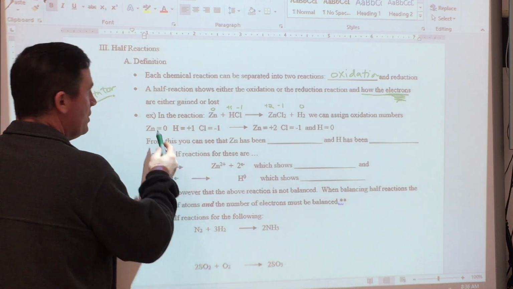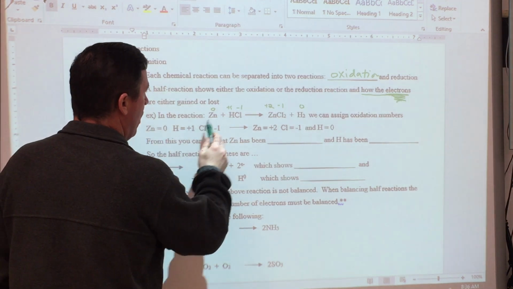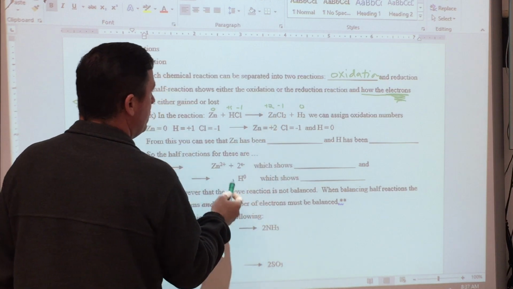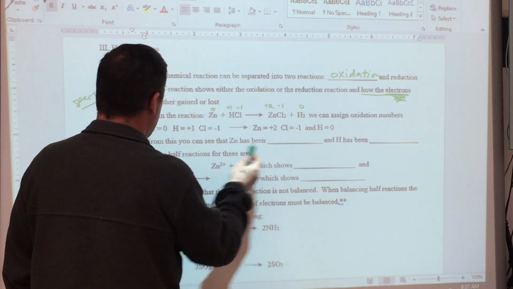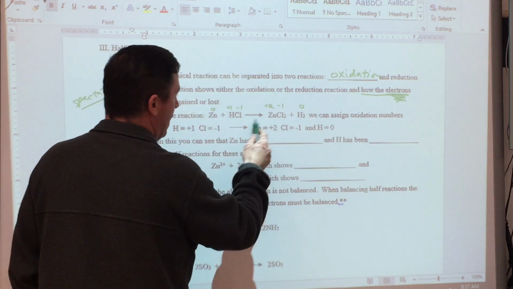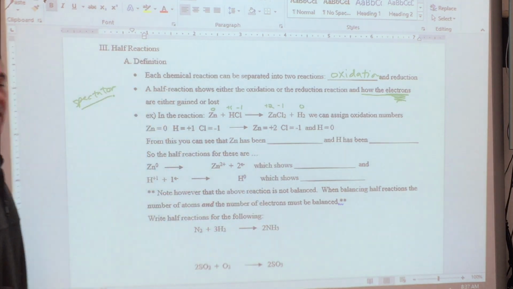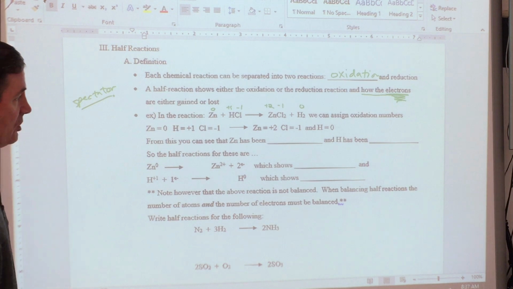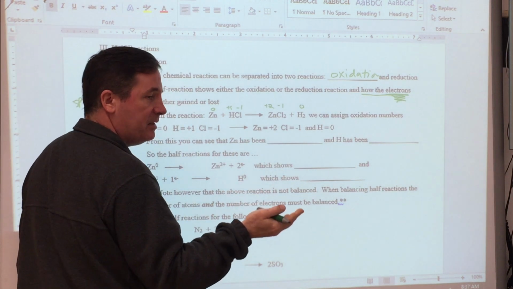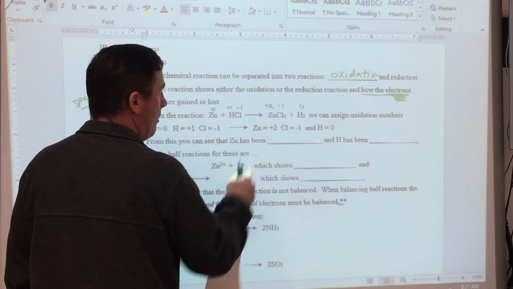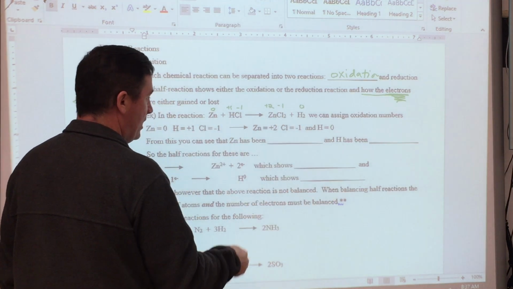Zinc goes from 0 to positive 2. So from this you can see that zinc has been what? If it goes from 0 to positive 2, it must have lost electrons. It must have lost electrons because its electrons are negative, and in order to become more positive, you have to get rid of negatives.